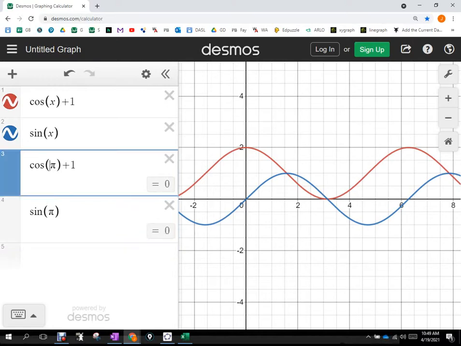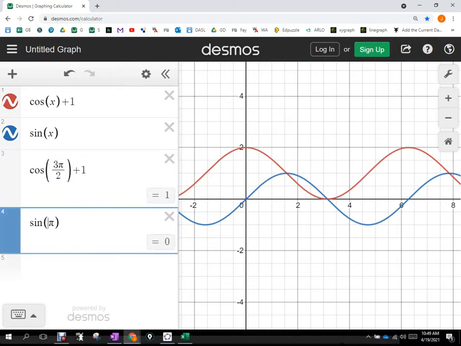But if I go 3 pi over 2, which is the 270, do I get two things that are equal? Positive 1, negative 1 are not equal, right? So what's that tell me about 270?